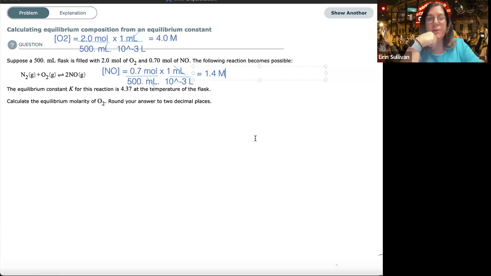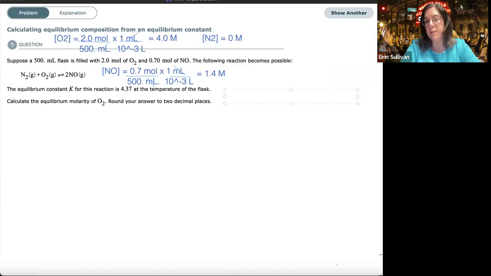So we can infer from the question that we start out with an initial concentration of nitrogen of 0, because if we weren't told there was any in the flask, then it can't have a concentration. So very sort of quick and dirty looking at those numbers, I'm going to say that this reaction is actually going to proceed to the left, okay? So from products to reactants in order to reach equilibrium.